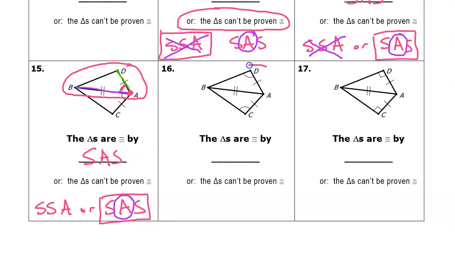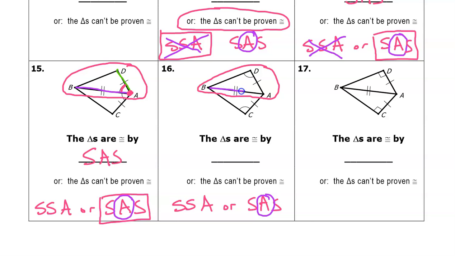Okay, look at number 16. Focus your eyes on the upper triangle only. Notice how similar this is to problem number 15. Again, we have two sides and an angle. So again, this is either going to be side-side angle or side angle side. We ask ourselves, is the angle between the two sides?